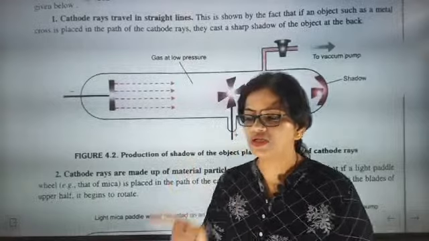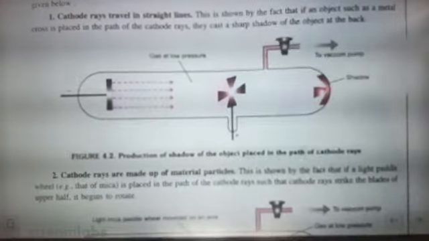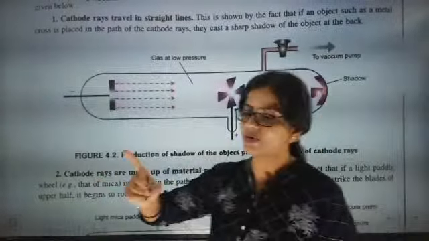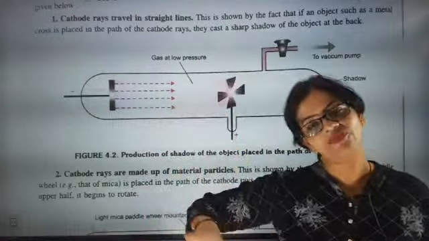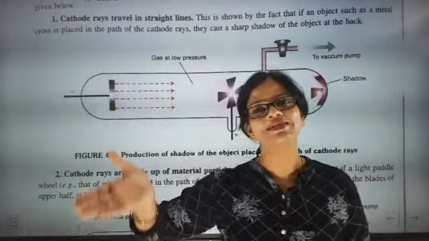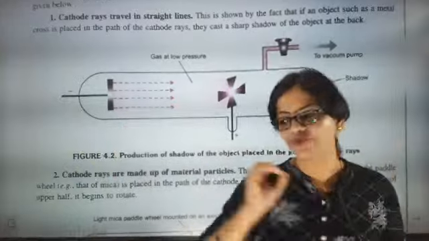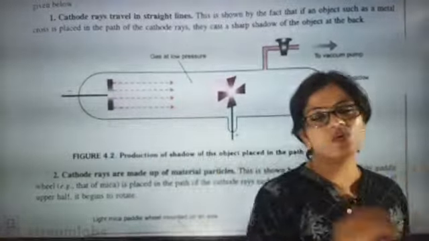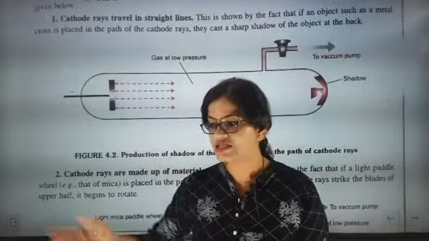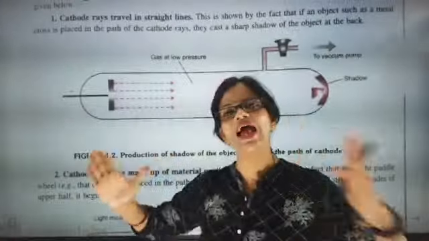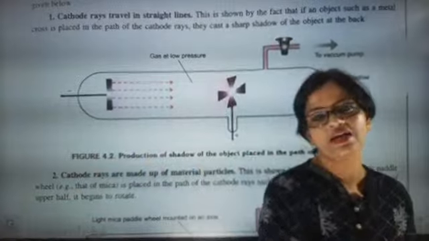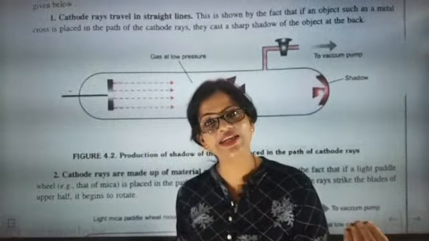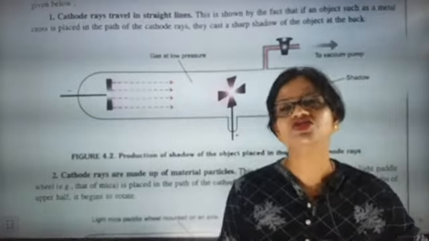So the first property of cathode rays that we have seen is that cathode rays travel in a straight line. Cathode rays are those rays which can travel in a straight line.